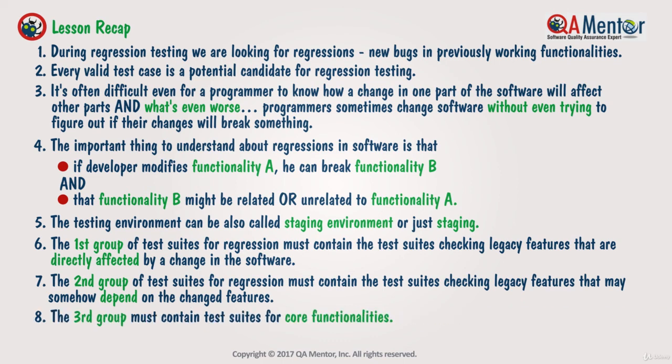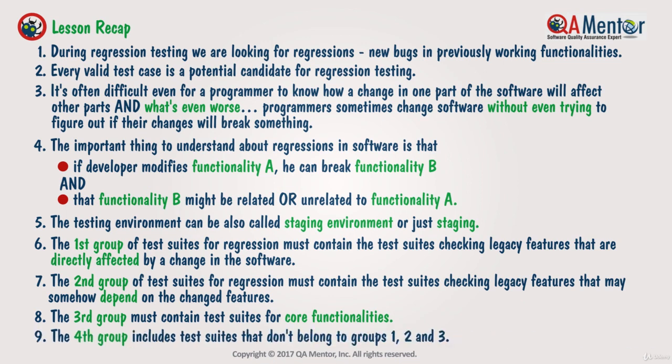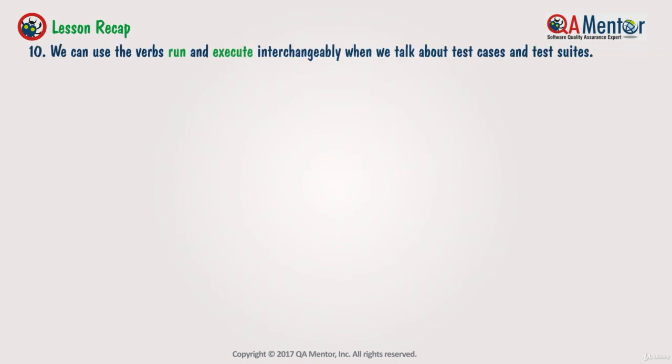The third group must contain test suites for core functionalities. 9. The fourth group includes test suites that don't belong to groups 1, 2, and 3. 10. We can use the verbs run and execute interchangeably when we talk about test cases and test suites.